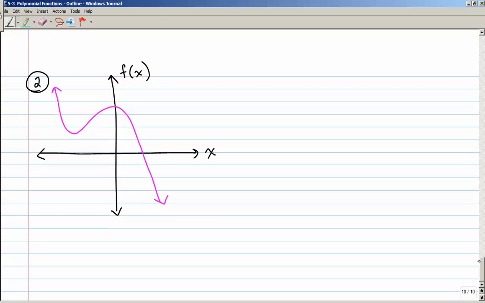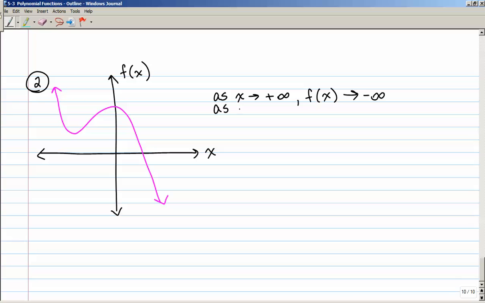Okay, let's take a look at this function here that kind of goes down, doesn't quite get to the x-axis, and then heads down this way. So as x approaches positive infinity, so as my x gets larger, my y is getting smaller. f of x approaches negative infinity.